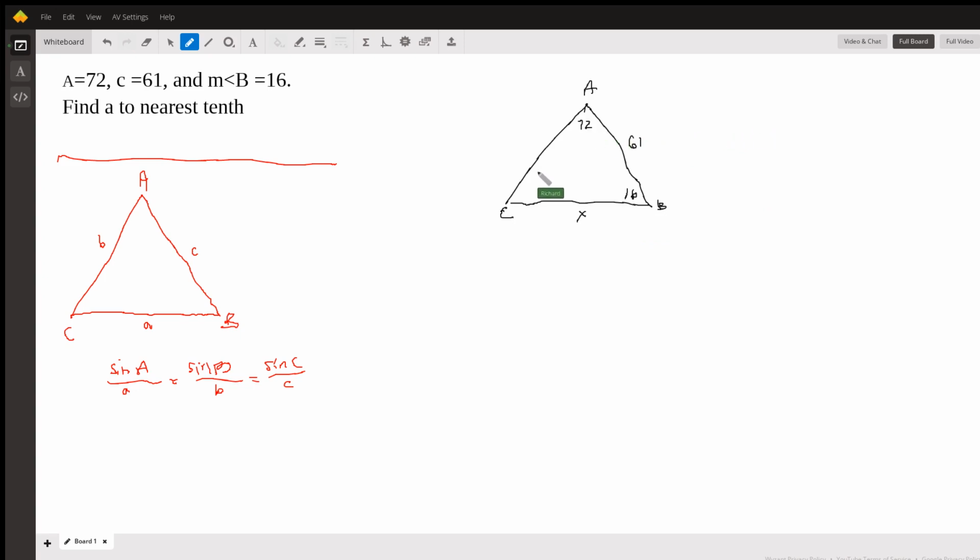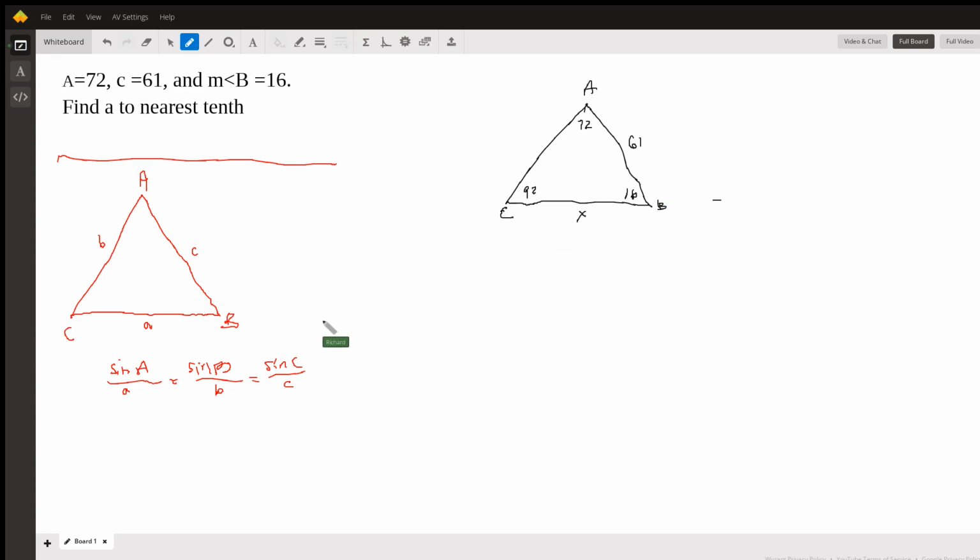Okay, so the first thing we'll do is find this angle C, and that's just going to be 180 degrees minus 72 minus 16. That comes to 92 degrees. And you can check this by looking to see if all the angles add up to 180, and they do.